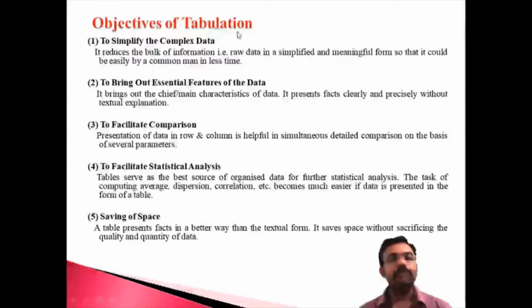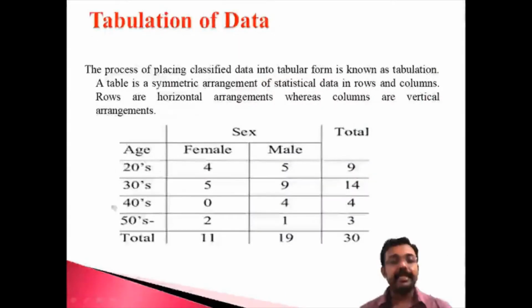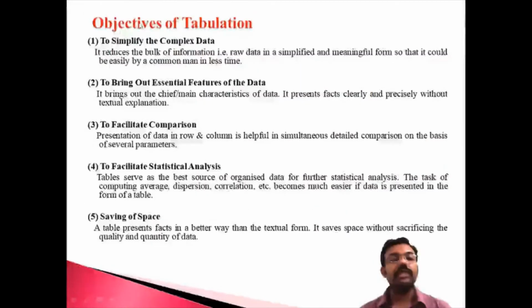The first important objective is to simplify the complex data. Tabulation always simplifies complex data. For example, there is a table regarding age and sex. These variables are systematically represented in the table. Speaking orally or in writing, it would be very complex. So tables overcome all the limitations of oral and written representation. These tables are easily understood, always clear. So the first important objective of tabulation is to simplify complex data.